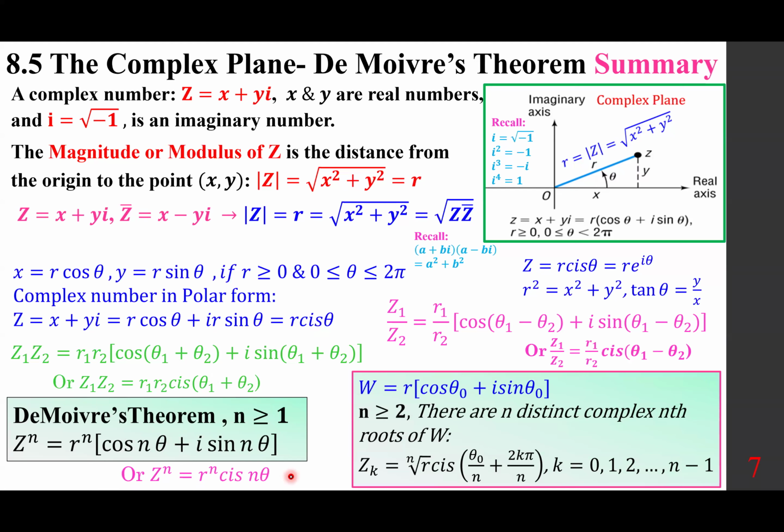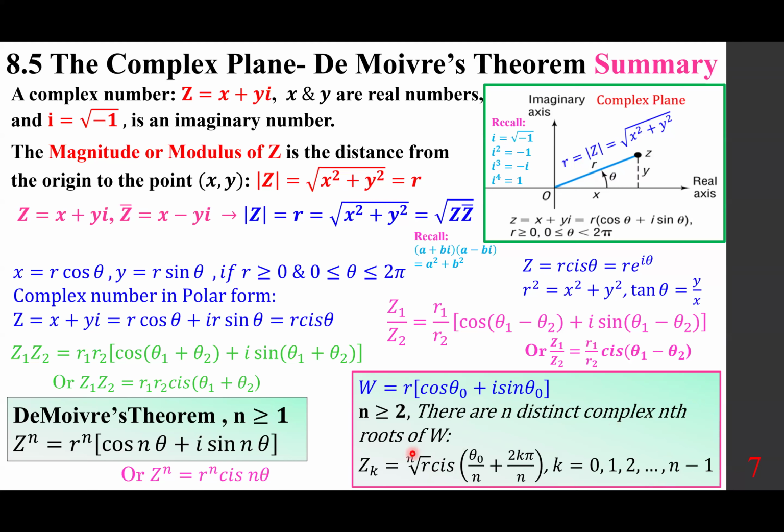Now, this is interesting. If you want to find the root, if you have a number w equals r cis theta 0, when n is larger than or equal to 2, there are n distinct complex nth roots of w. In other words, you want to take a square root, cube root, you name it.